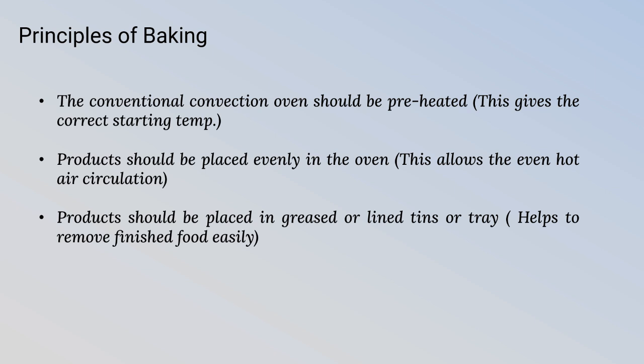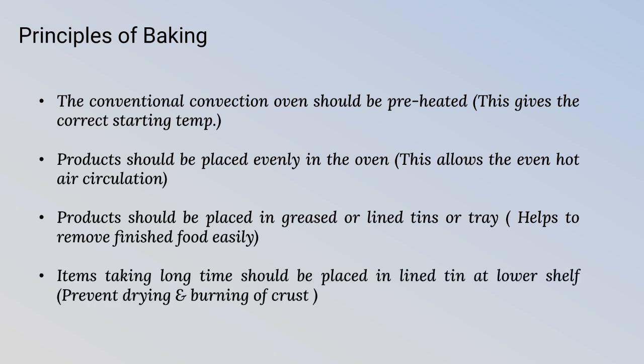So always line the tin. It can be a brown paper, a butter paper, or a grease paper, or even the application of a little fat or oil at the bottom of the pan. So automatically the product will come out very easily. It will prevent burning and sticking to the container you are using for baking. Clear?